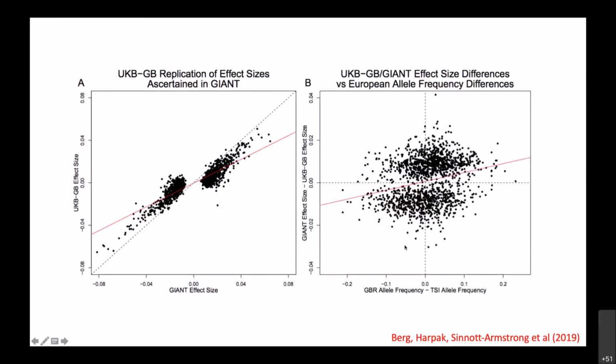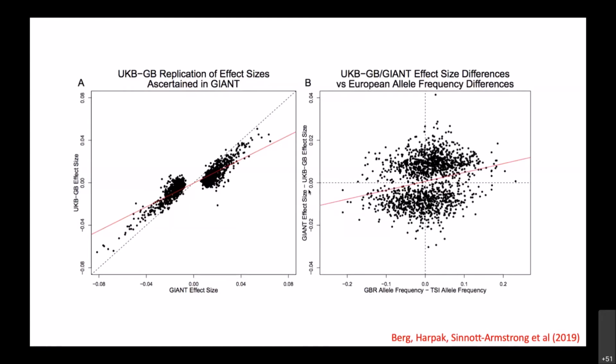But when we plot the difference in allele frequency between a Northern European population, like individuals from Great Britain, minus the allele frequency from individuals in a more southern population, like those in Tuscany, Italy, and we plot that against the difference in effect size between these two studies, we find that these two variables are correlated.